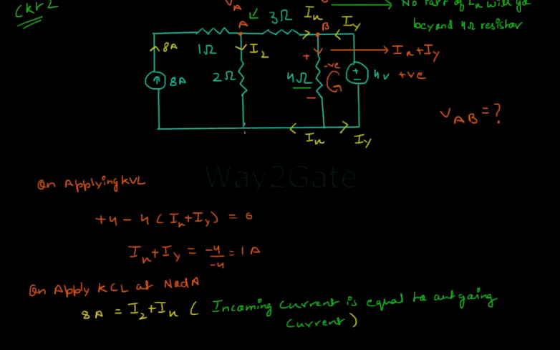Considering ground at this point, as maximum branches are connected to this point, all nodes connected to ground with short circuit are at 0 volt.